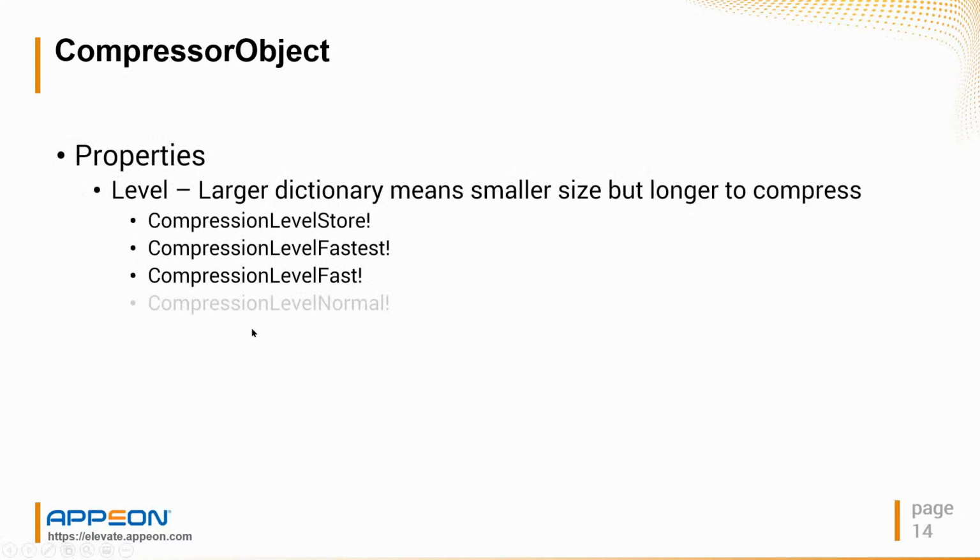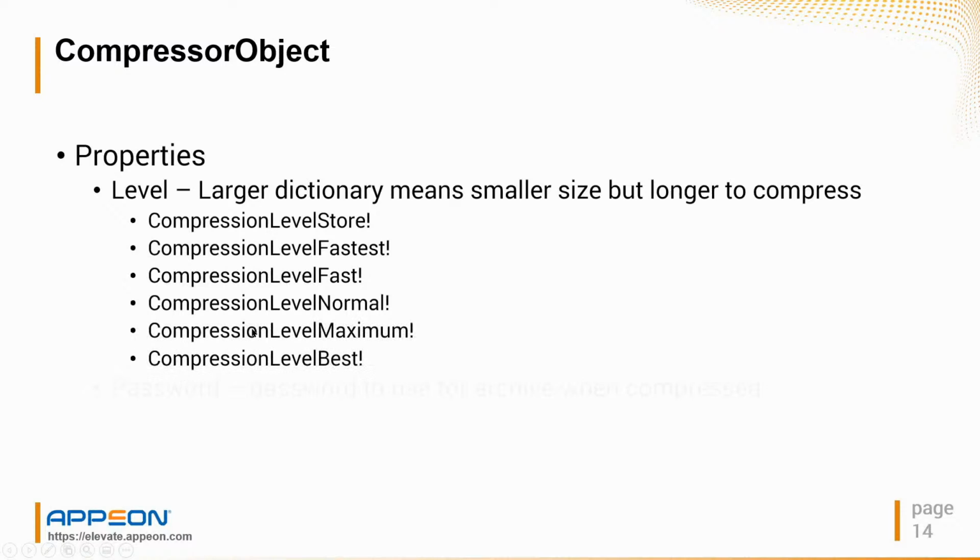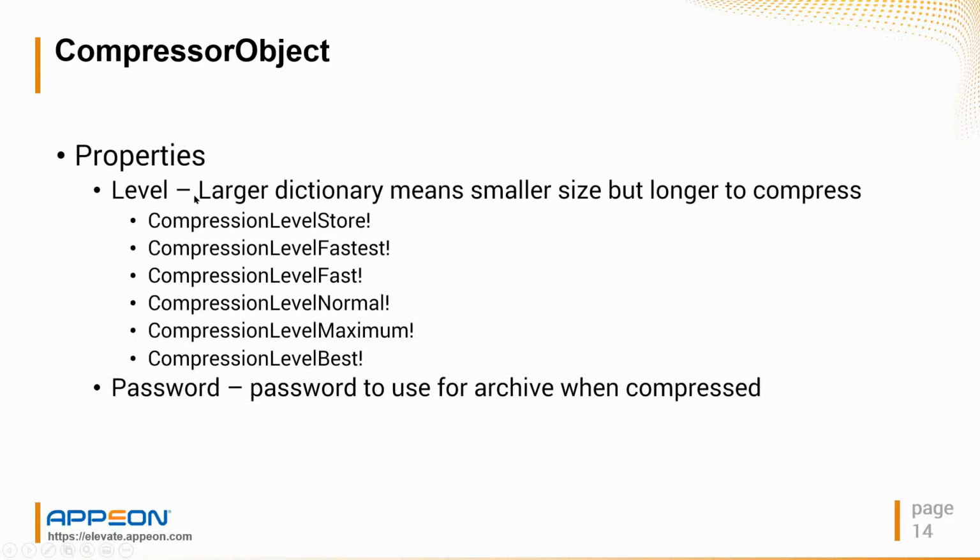There's a number of properties here. There's a compression format and a password. So the compression level: there are six different levels. It starts off with store, which is essentially the same thing as if you tarred a file. Store just takes a group of files and turns them into a single file. Then you get fastest compression, fast compression, normal, maximum, best.